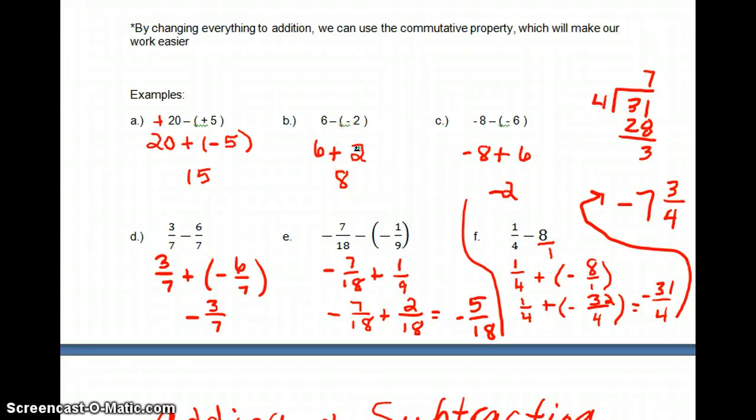Our signs were the same. We added and kept the sign. Here, after we did keep, change, our signs were different, so we subtracted. After we did keep, change here, we had a positive and a negative, so we subtracted.